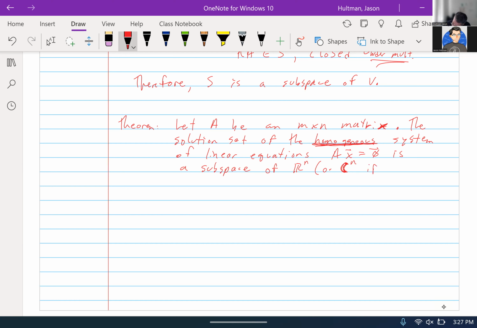It can be either Rn or Cn, and since Cn contains Rn, it works with either real numbers or complex numbers. We're just setting our system of equations equal to a row of zeros, and if our system of equations is equal to all zeros, then we call this thing homogeneous.